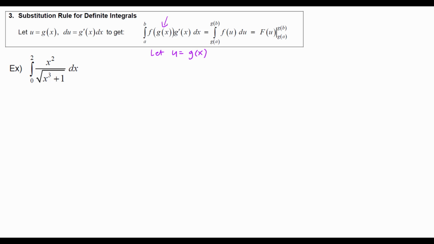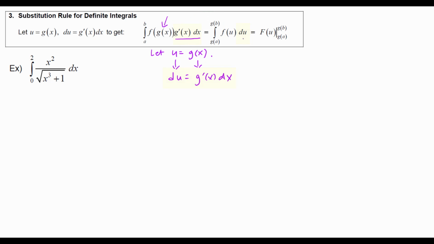We're going to pick the inner function of a composite function and call it u, and then take the derivative of each side. So we get du equal g prime of x dx. And of course, it's right here. So we are going to substitute as f of u du.